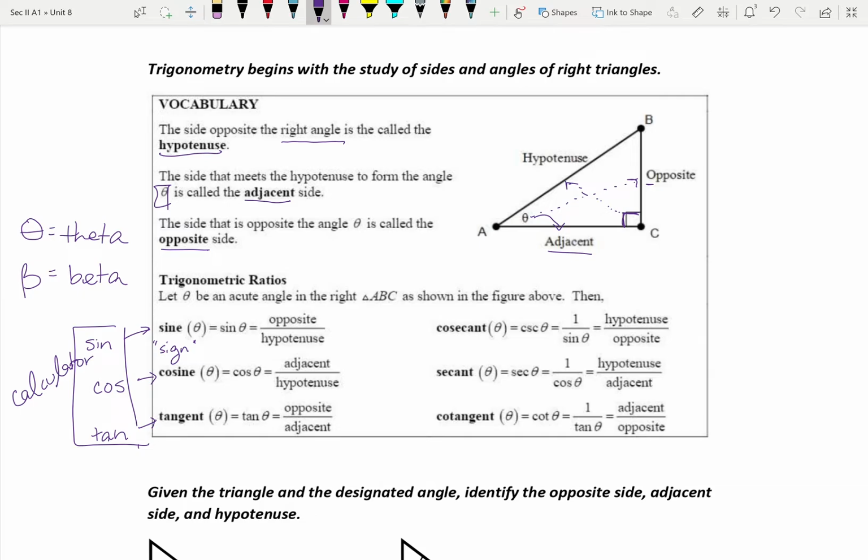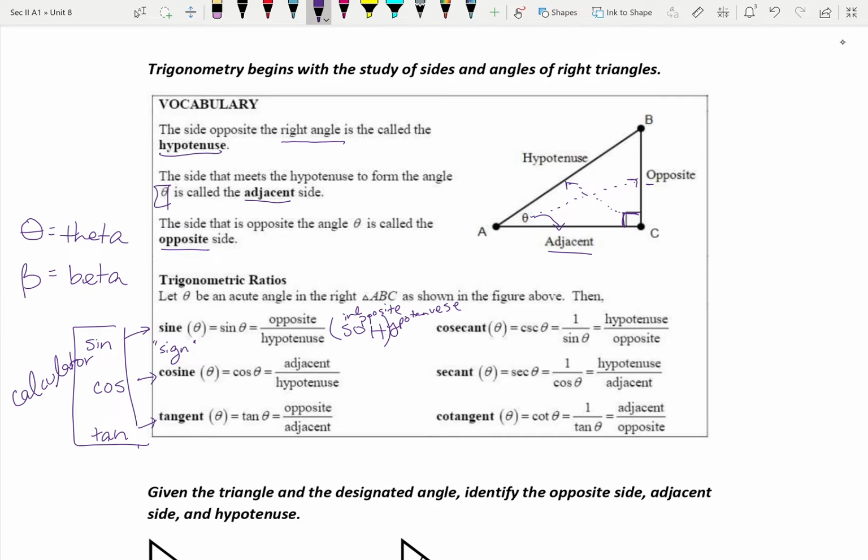So sine is defined by taking the opposite number and the hypotenuse number and writing it as a ratio. That's where we get the acronym SOH: sine, opposite, hypotenuse. We call them SOHCAHTOA because that's the easy way to remember which one goes with what.